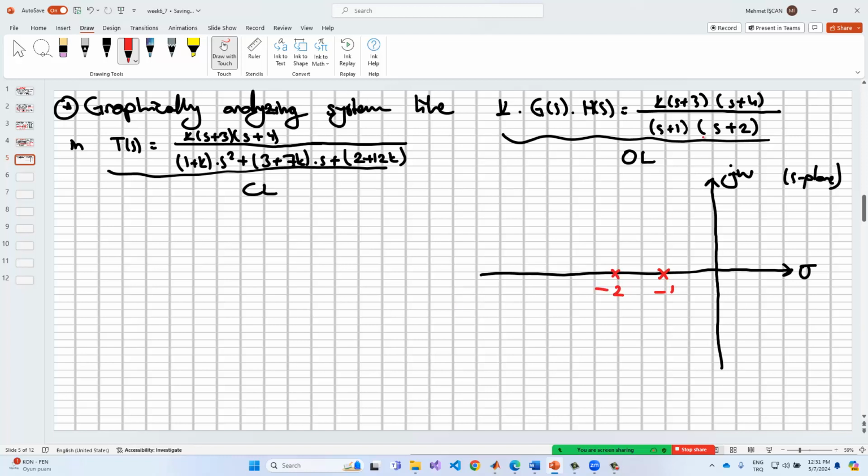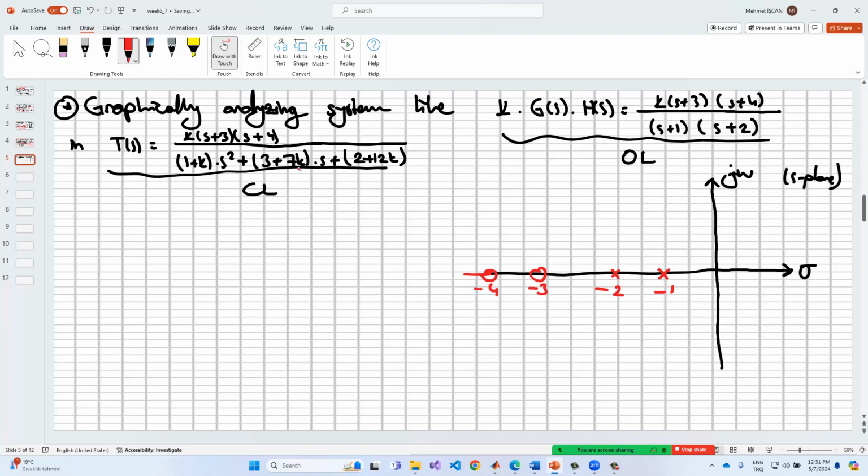Also we have two zeros, minus 3 and minus 4. So this is our open loop pole and zero location in our algorithm.